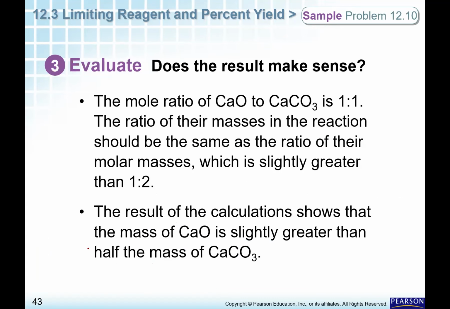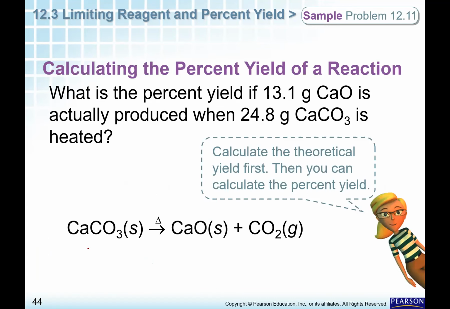Now, if you continue with this question, it says, what is the percent yield if 13.1 grams are actually produced? See, this is the way you know that this one is your actual yield. Either it will say actually produced, or it will just say produced. When we say produced or actually produced, that means we're talking about the actual yield.